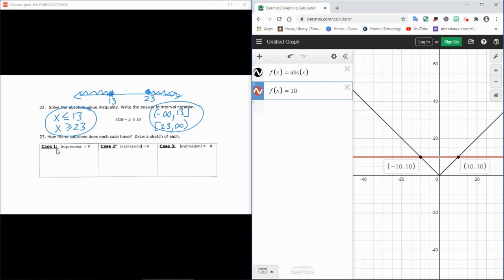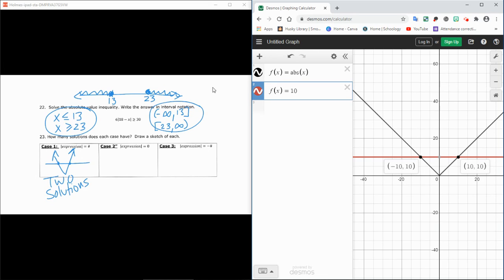So case 1, let's draw a sketch of case 1. When the absolute value equals a number, it will have 2 solutions. Right? You can always just graph it.